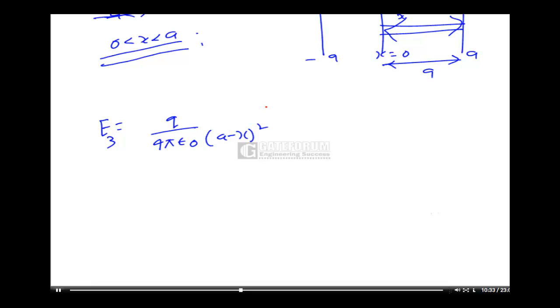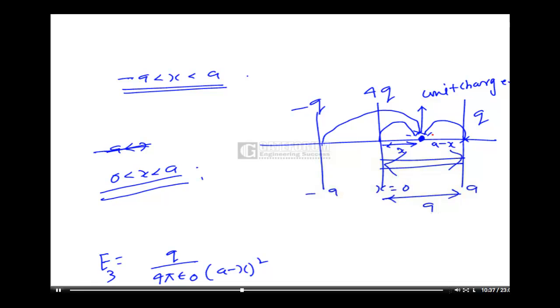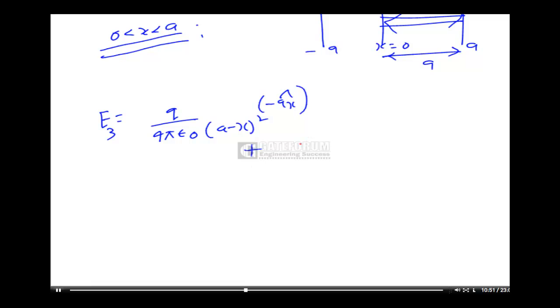What is the vector direction? Since the force is in this direction, this is x, the force is in minus x direction. The force on this due to q is in minus x direction, so minus ax cap, plus force on unit charge due to 4q: 4q by 4 pi epsilon naught x square ax cap, positive direction only. Similarly minus q by 4 pi epsilon naught. What is the distance?